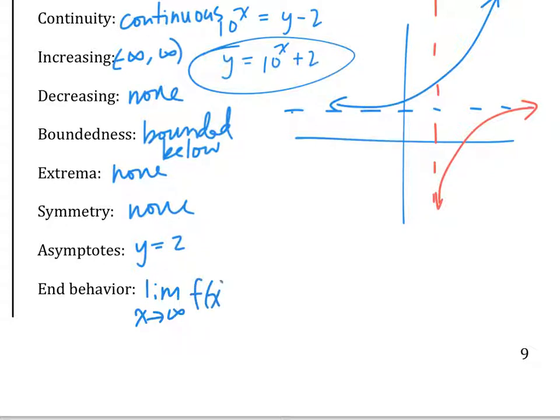F of x equals? Infinity. Yes. And then f of x goes to 2. Yes, good. Okay, cool. Okay, any questions?